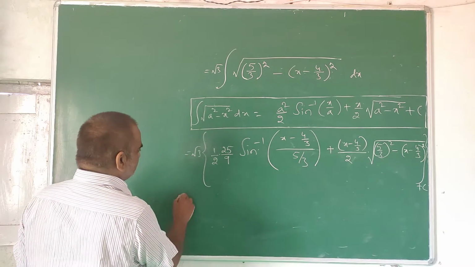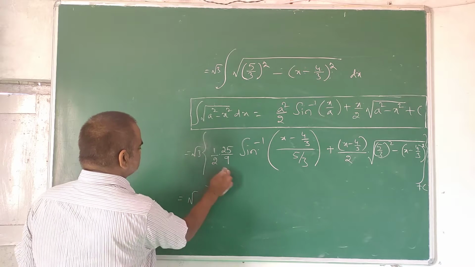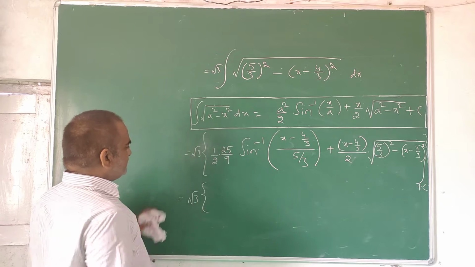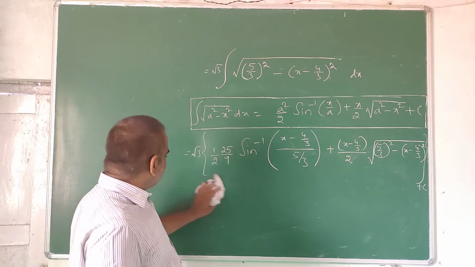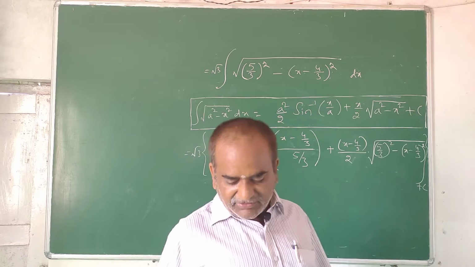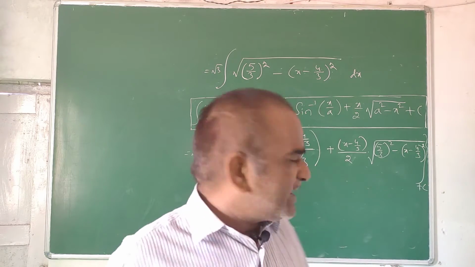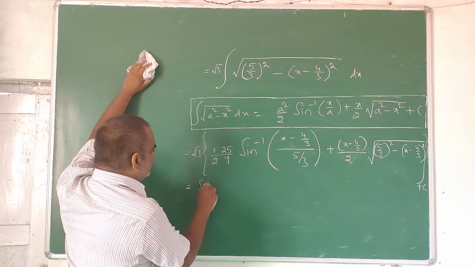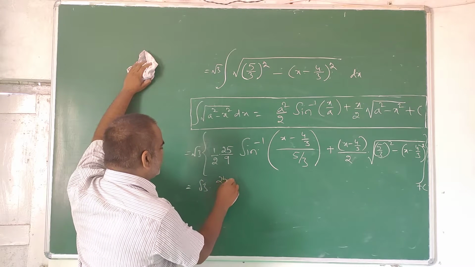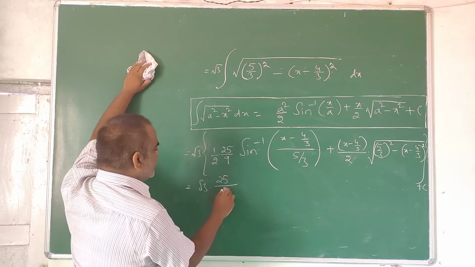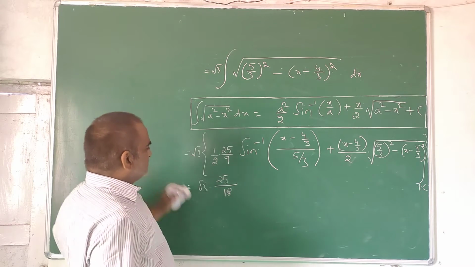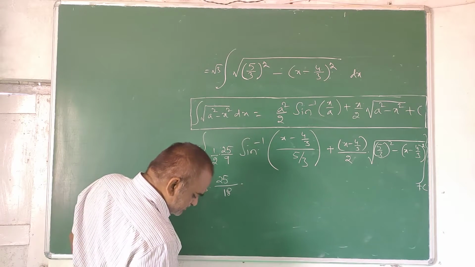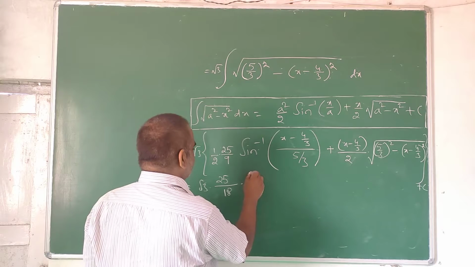So this is equal to root 3 into, if you multiply this root 3 inside, means if you open the bracket, so here root 3 into 25 by 2 9s are 18, root 3 into 25 by 18 into sin inverse.